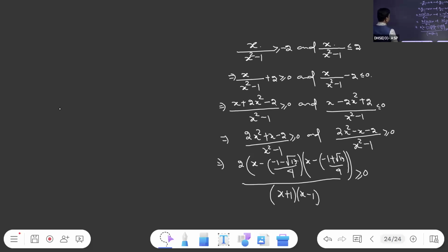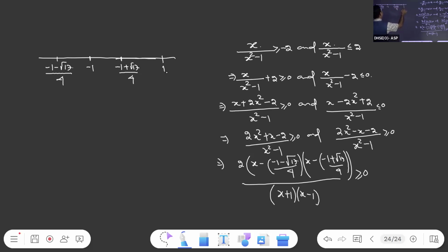Okay. The critical points are minus 1 minus root 17 upon 4, then minus 1, then minus 1 plus root 17 by 4, then 1.